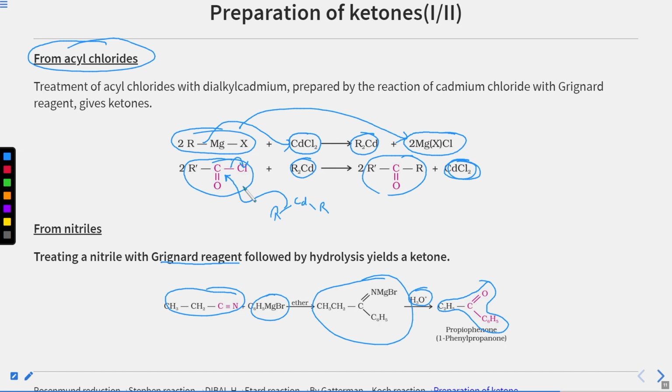So these were all the reactions that we have used for the preparation of aldehyde and ketone. Tomorrow we will start with the reactions of aldehyde and ketone. As I have told you earlier, the nature of the carbonyl bond is basically the deciding factor behind the reactivity of aldehyde and ketone. Although we have seen the structure of this, tomorrow we will give a quick recap so that you can connect why the reactivity of aldehyde is so.